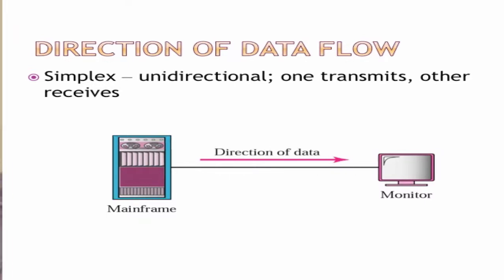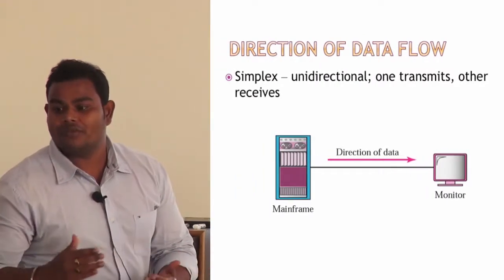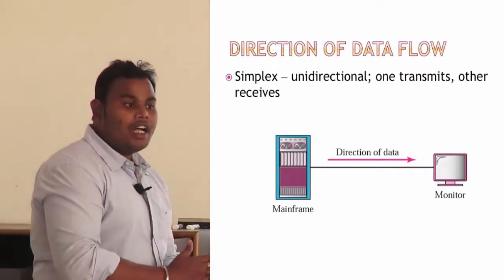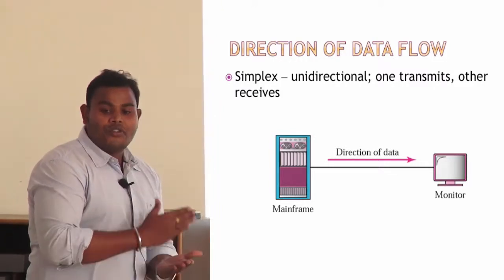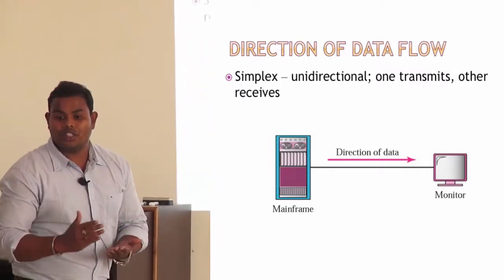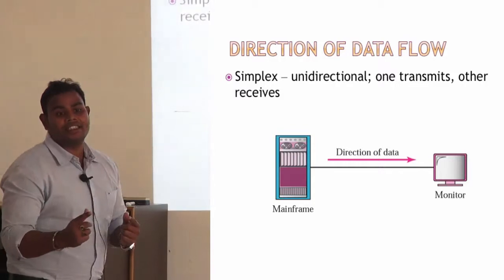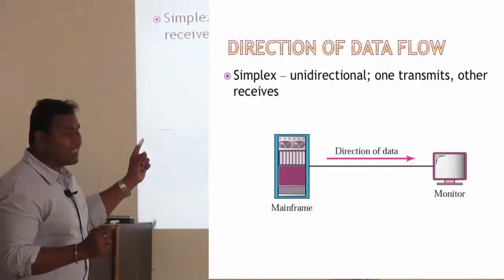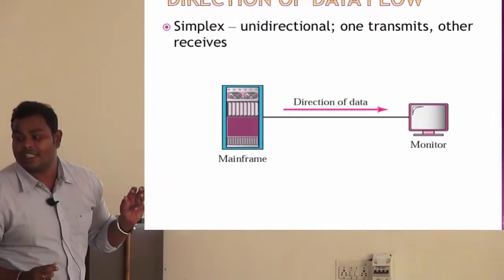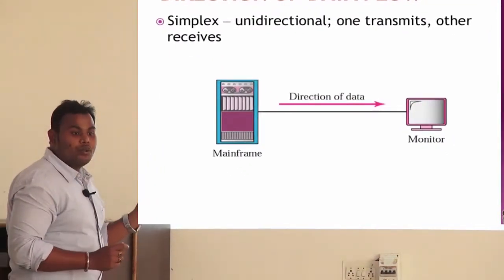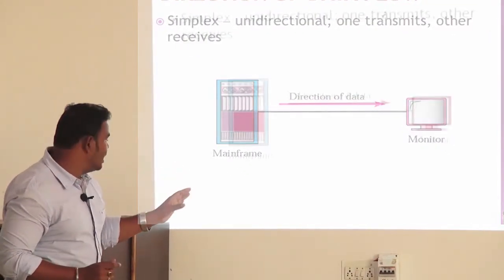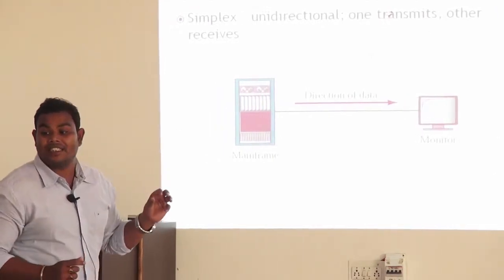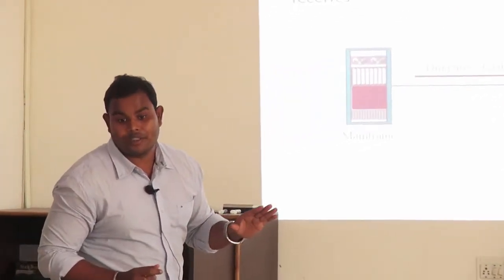As you know, your CPU is connected to the monitor. The data goes from your CPU to the monitor, one directional. In one word, the direction of data is one directional or unidirectional. One device can act as a sender, whereas the second device can act as a receiver only.